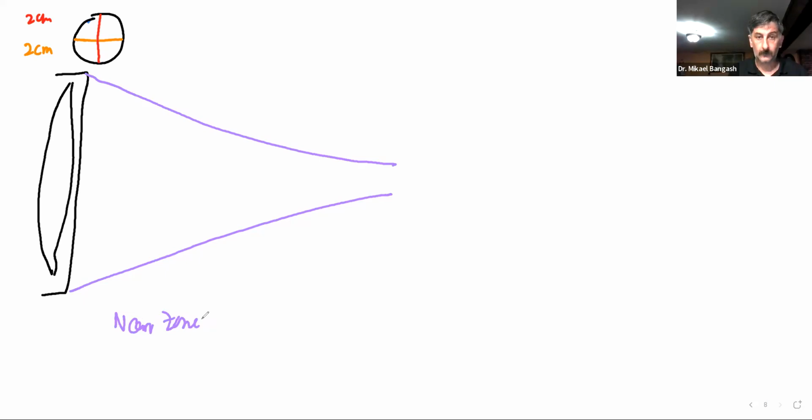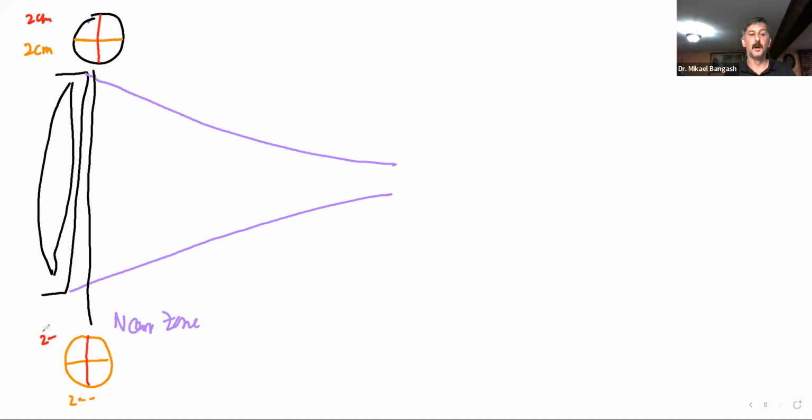Now we can say that the dimension of the beam at this level here would be 2 centimeters wide, for instance, and 2 centimeters tall. Is that clear?